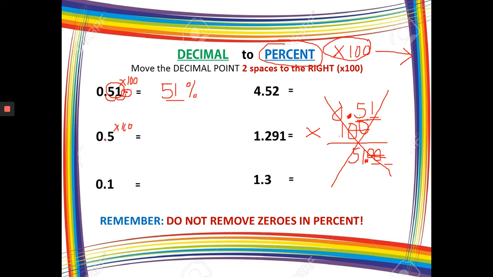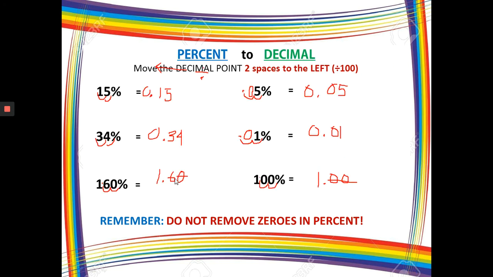We do the same to the other given numbers, times 100 to find the percentage from decimal. This is only for decimals, all right? 1, 2. So there's an empty space here, so 0 there. So 0.5 is 50%. Remember this one. On decimals, you can remove the zeros like this in decimals only.